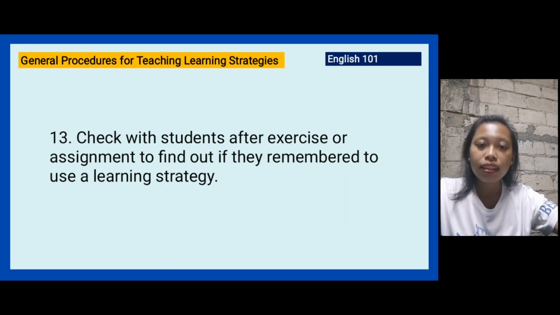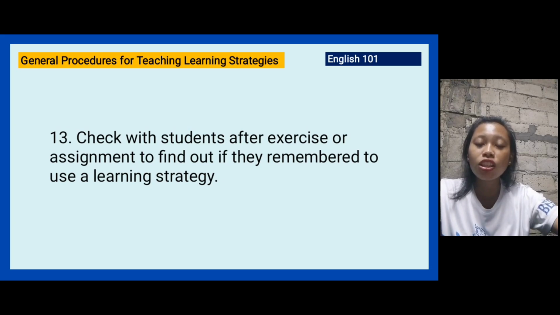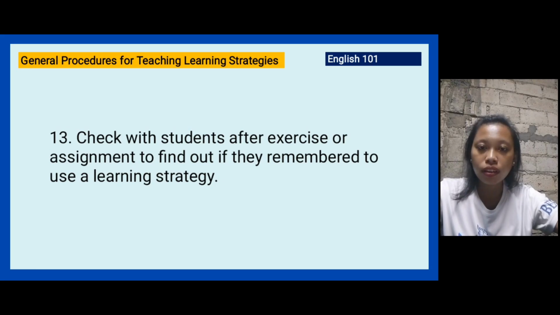And last, number 13, check with students after exercise or assignment to find out if they remembered to use a learning strategy. Okay, after an activity, the teacher asks if students remembered to use the strategy and discusses how well it worked.